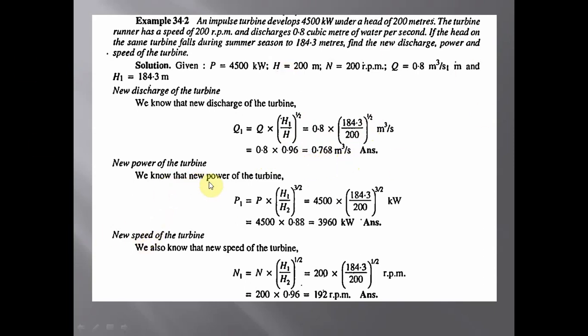Now the new power of the turbine: P1 = P × (H1/H)^(3/2) = 4500 × (184.3/200)^(3/2) = 4500 × 0.88 = 3960 kilowatt. Now the new speed of the turbine: N1 = N × (H1/H)^(1/2) = 200 × (184.3/200)^(1/2) = 200 × 0.96 = 192 rpm is the answer.